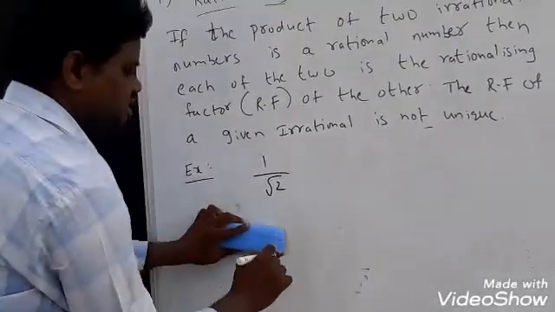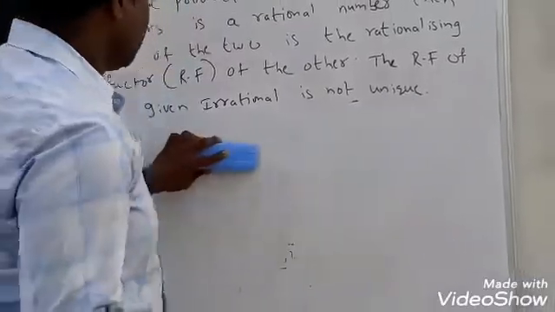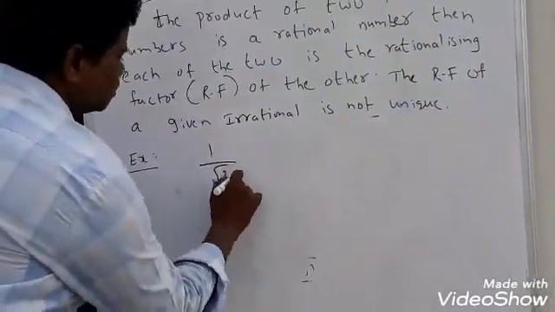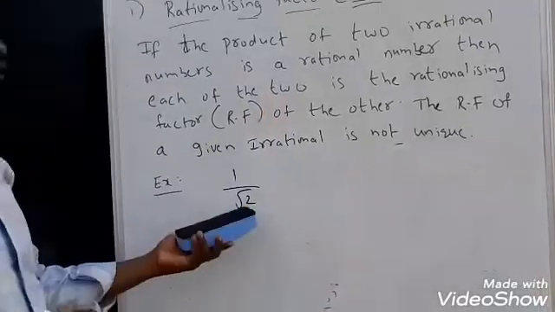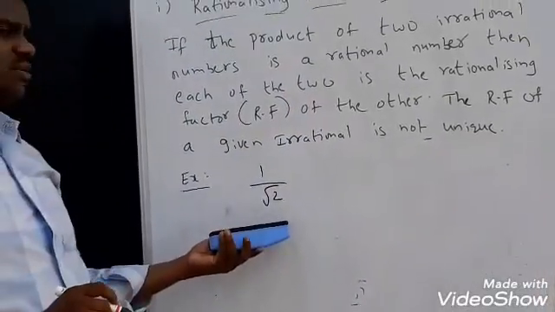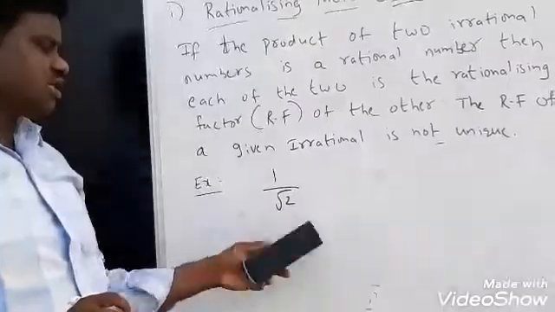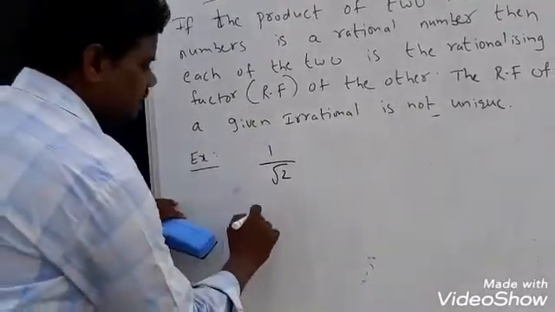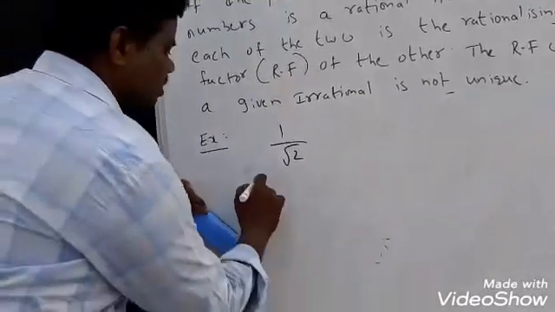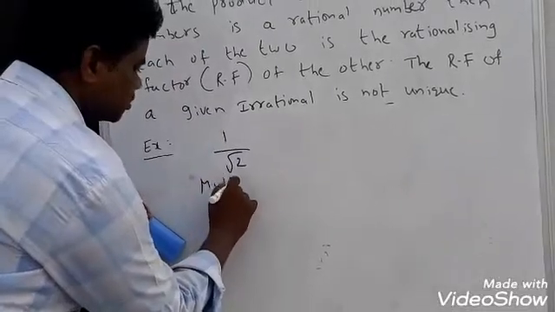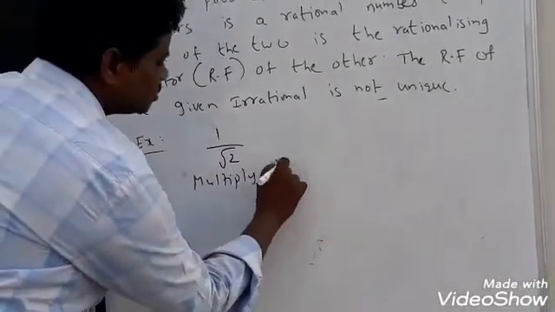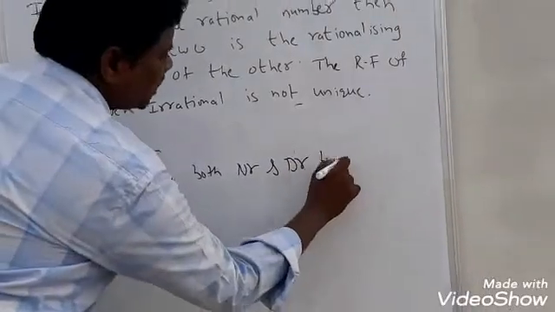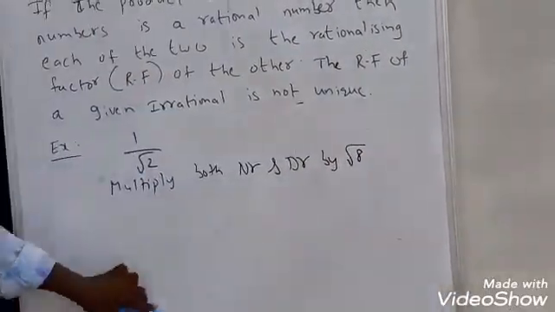Somebody might multiply like this: multiply both numerator and denominator by root 8.